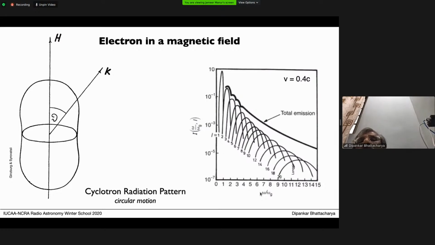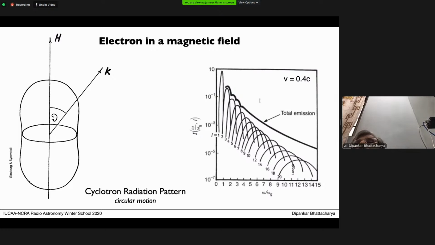Let us take a microgauss field, and if you have an electron producing cyclotron radiation in there, you would have a frequency of the order of 3 hertz, which is actually not observable by us because interstellar space, because of its plasma frequency, absorbs radiation below a certain value of frequency.